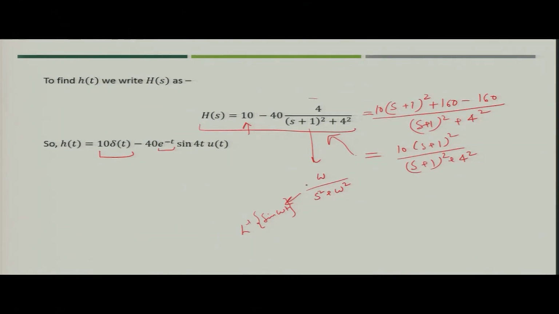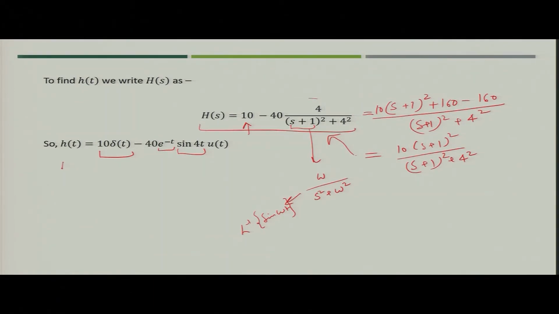If you take the inverse Laplace transform of this term, you can correlate that omega is 4. So, you can write sine 4t for this, plus for s plus 1 you have the term e^(-t) added.